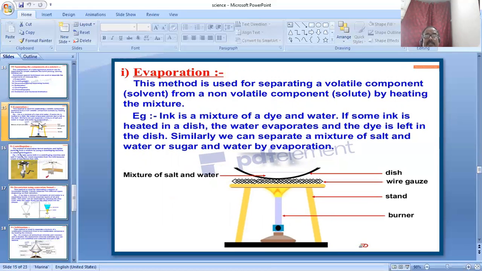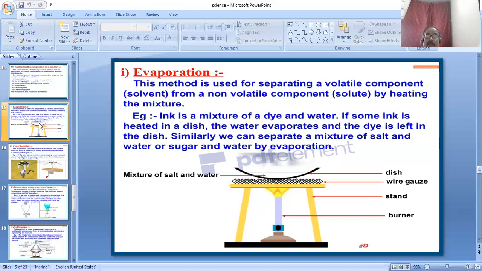Evaporation. This method is used to separate a volatile component, the solvent, from a non-volatile component, the solute. That means if any solution is made with two things, one is solute and one is solvent, and both substances are present in different forms, they can be separated.